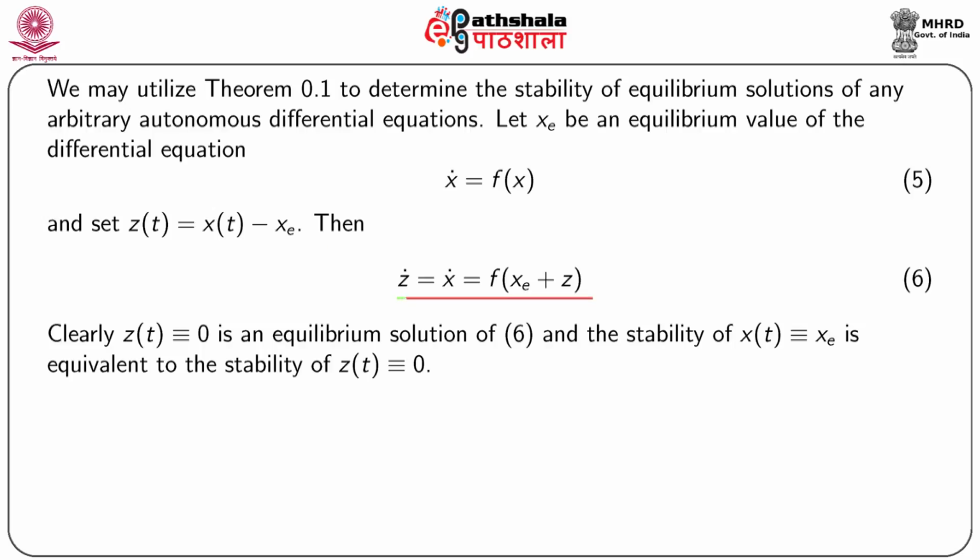Then z dot is equal to x dot, which is equal to f(x0 plus z), given by equation 6. Clearly, z(t) equal to 0 is an equilibrium solution of 6, and the stability of x(t) equal to x0 is equivalent to the stability of z(t) equal to 0.